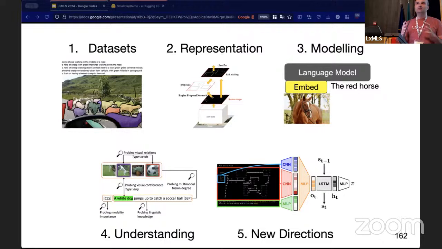I covered some of the key modeling approaches in terms of dual encoding or visual prefix learning, all the way up to the most recent multimodal large language models. We briefly covered some ideas in terms of understanding how these models work. And I also tried to wrap up with some speculation about exciting directions for the future.